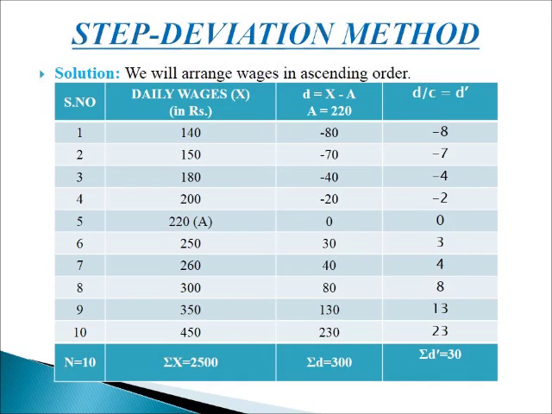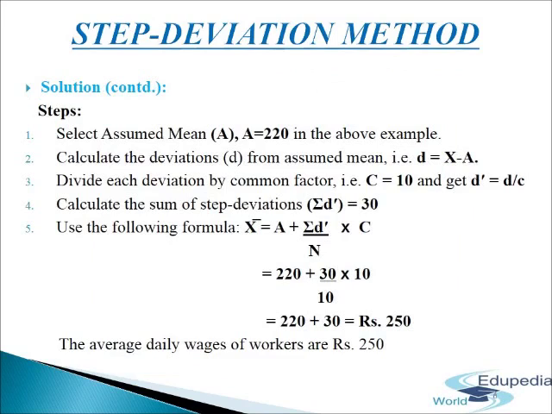Then we will use the formula of the step deviation method to calculate the mean. The formula is x bar, which is the mean, equals A, the assumed mean, plus sigma d dash divided by n, which is the number of observations, multiplied by c, which is the common factor.